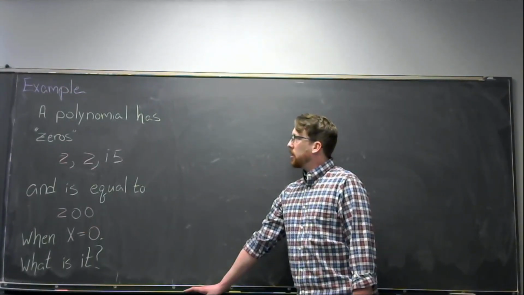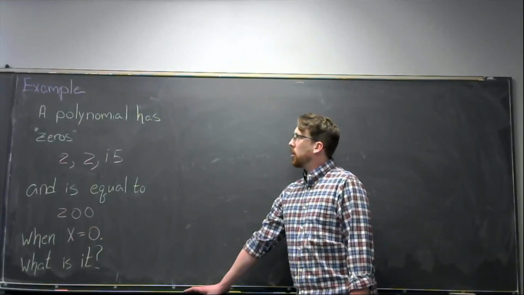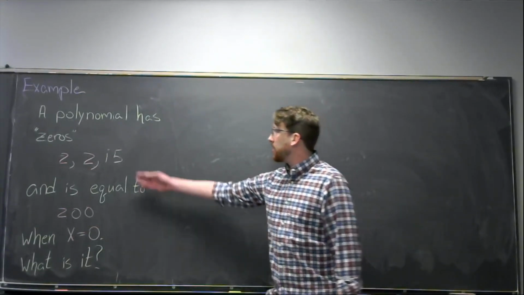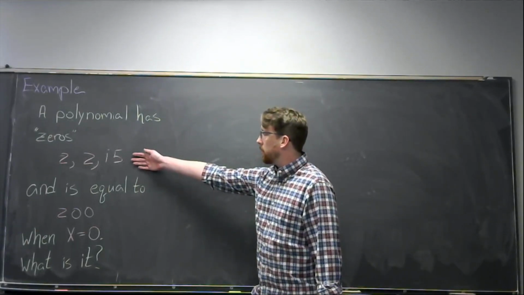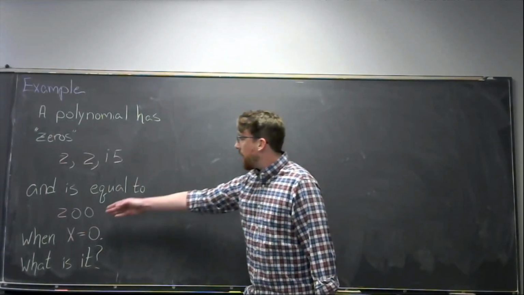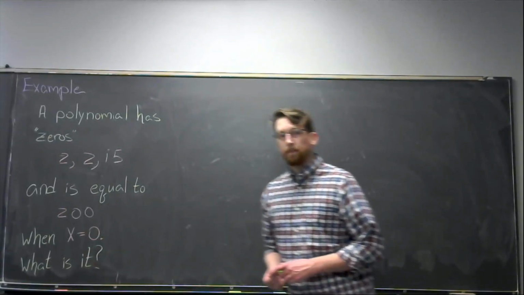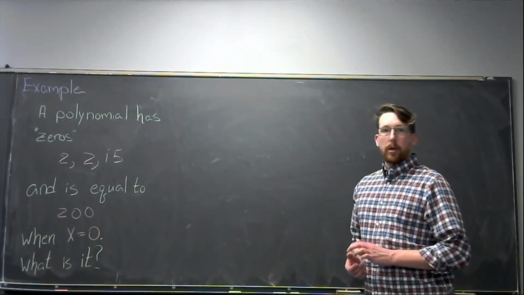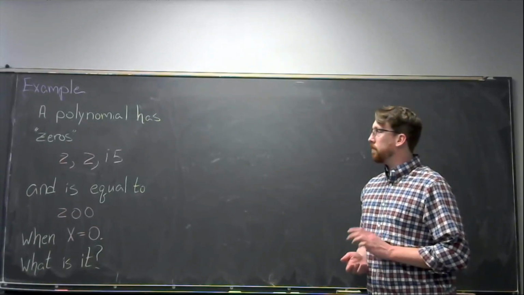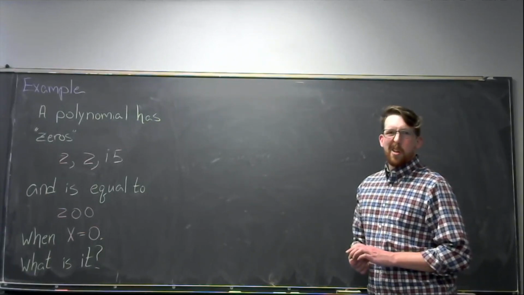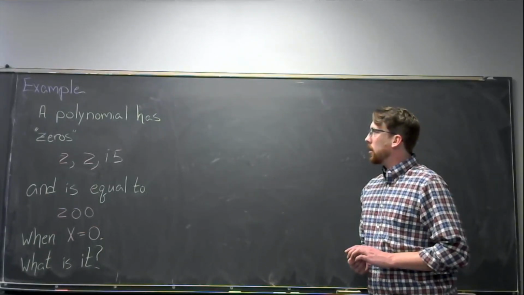All right. So in this example, we're trying to find a polynomial that has these zeros and is equal to 200 whenever x is equal to 0. Oh boy, this is gonna suck, right? No, not really. Not at all, actually. It's gonna be pretty quick.